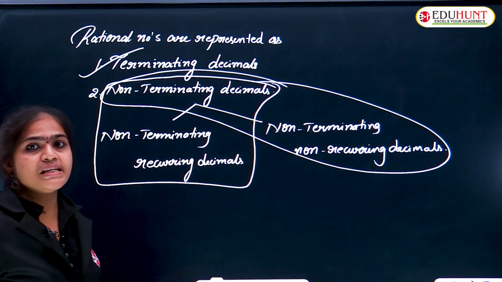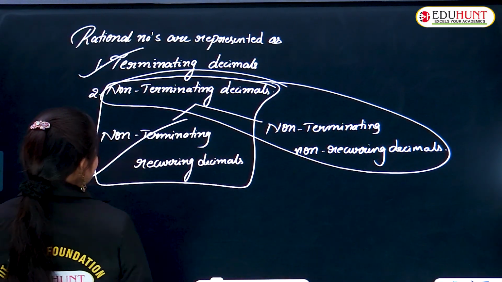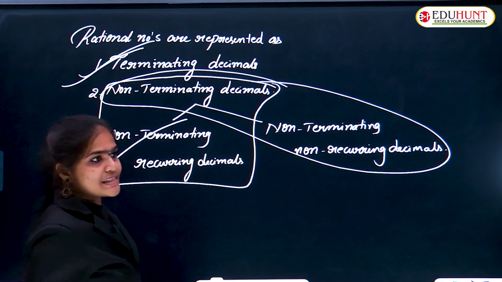Now which decimals can we call rational numbers? Terminating decimals and non-terminating recurring decimals. In non-terminating decimals, actually, we have 2 parts: non-terminating recurring decimals and non-terminating non-recurring decimals. The ones we call rational numbers are non-terminating recurring decimals and terminating decimals.